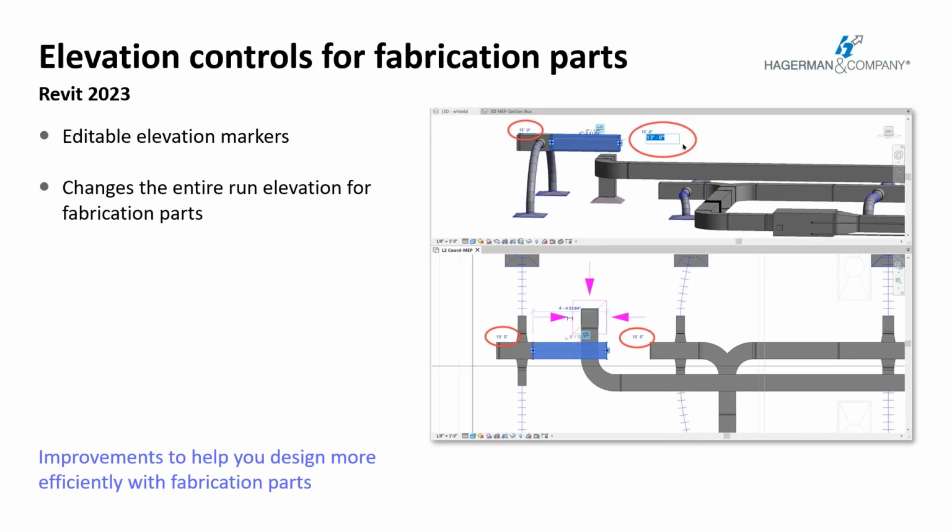Changing the elevation will move the entire run, unlike design elements, which would apply a slope to the run. So again, these improvements to elevation controls on fabrication parts will help you detail more efficiently moving forward in Revit.